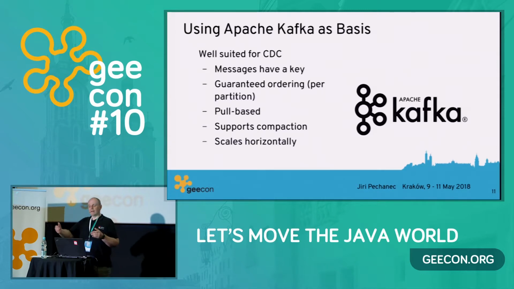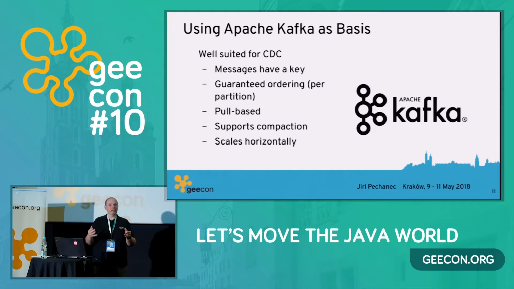So if we use Kafka as a storage, by using compaction, we store always the last change or the last value of the database row. And last but not least, Kafka is great in horizontal scaling. It's not difficult to add multiple instances of Kafka broker in case there is a performance problem.